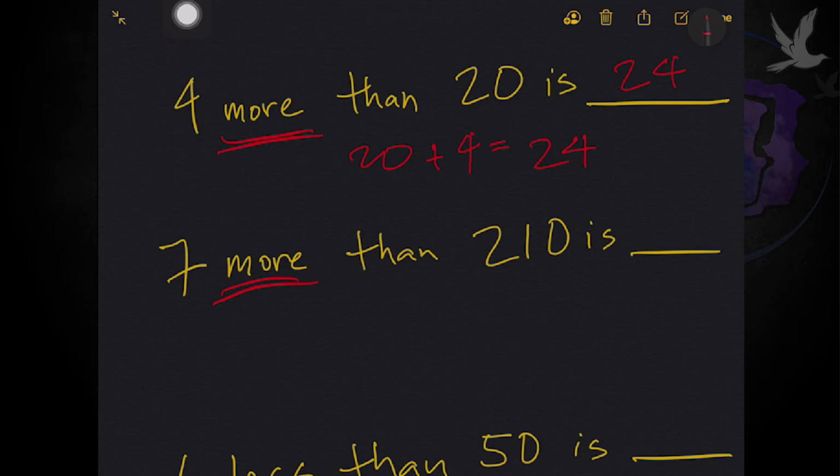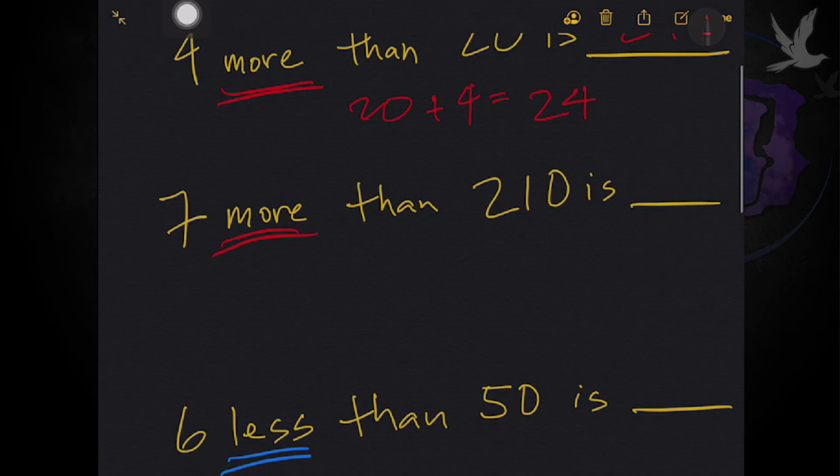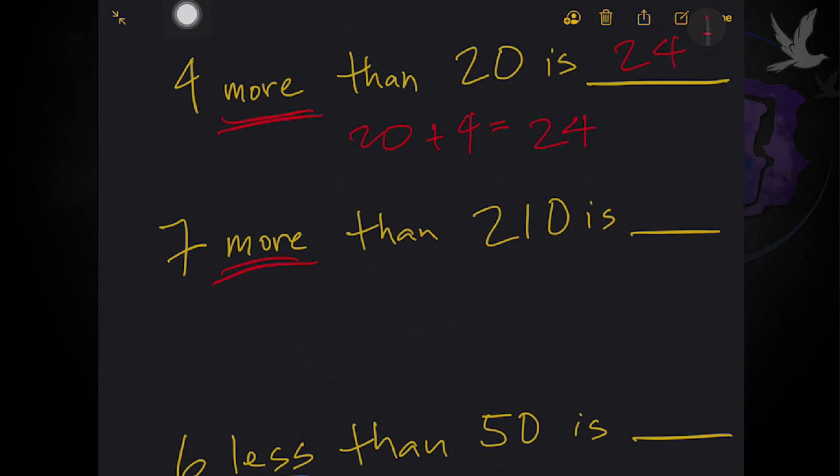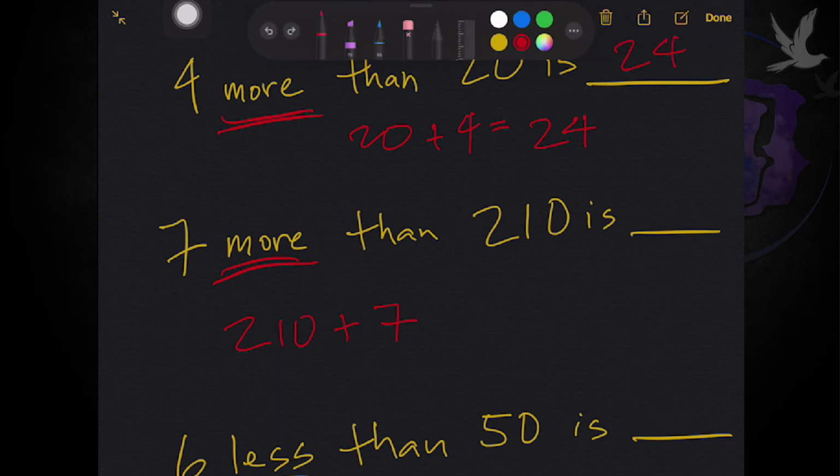The next example is basically the same. 7 more than 210. So you already have 210 there. All you have to add is a certain number. By how many more? How much more do you need to add? We need to add 7 more. Okay, we need to put the add sign, the addition sign.